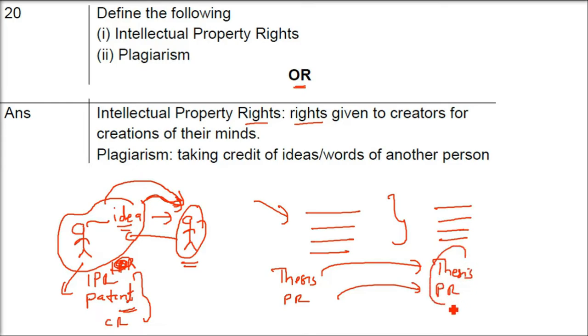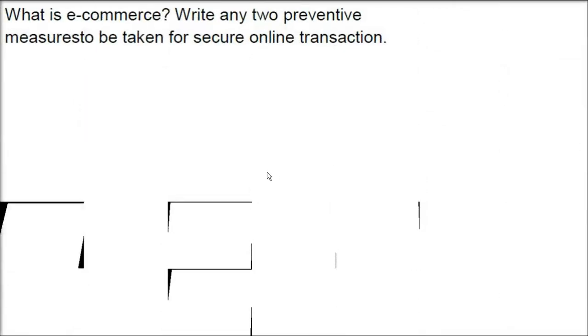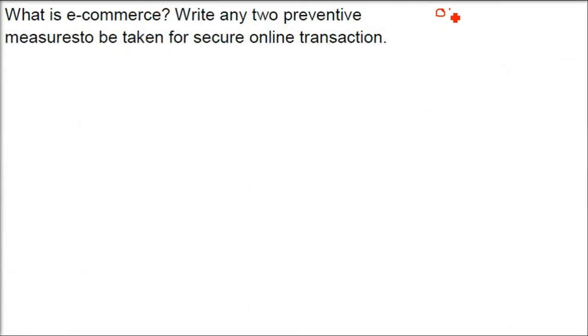He has written the same thesis on your subject and stolen the same content. So this is plagiarism. This is about ideas and words. So it is taking credit for the ideas and words of another person. That is, you are not even giving him proper credit, but you are using it. And this is mainly for words, for content which is written material like theses, like project reports. This will come as an either-or question.